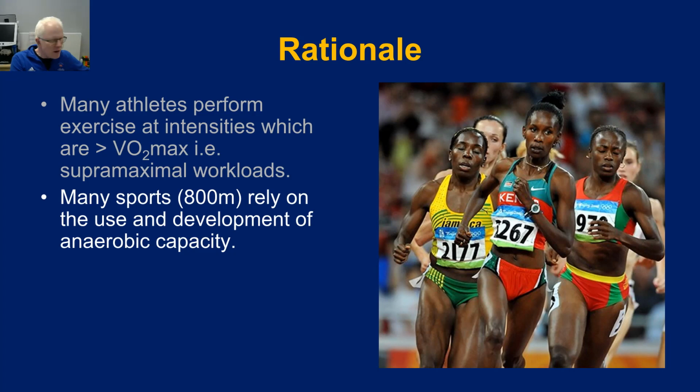So this is very much a sport that's got a large anaerobic contribution. So whereas we might be assessing the aerobic contribution in a lot of endurance sports, there is also this large anaerobic contribution that has to be accounted for. So it's fundamentally important that we understand how much that contributes to an event, and therefore we have to be able to assess it.